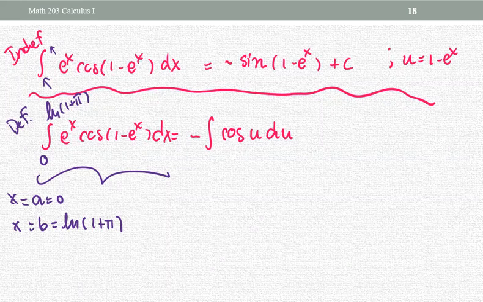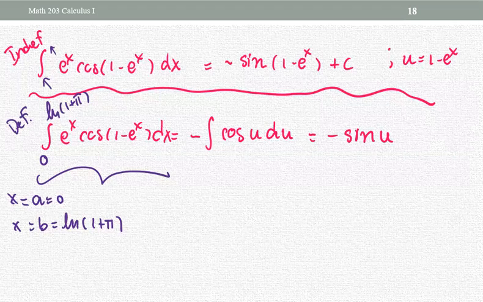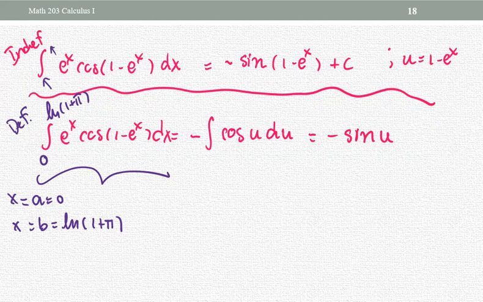After we get to the simplified form, we get to the term negative sine u, correct? We don't add c because we're going to replace the lower limit, upper limit to compute the number at the end. So when you get to this part, since you transform everything into the u form, with the substitution u equals 1 minus e to the x.